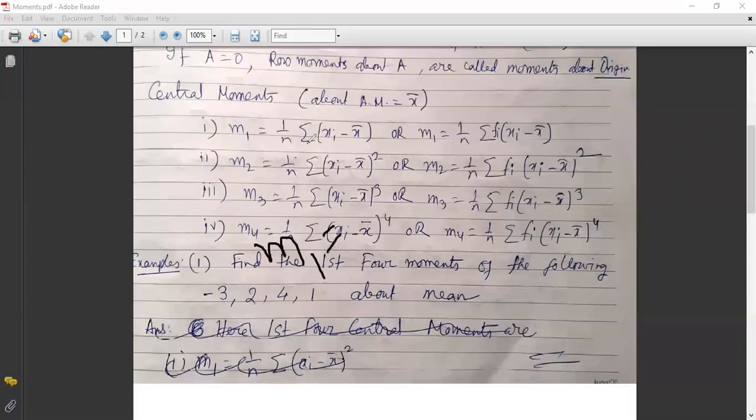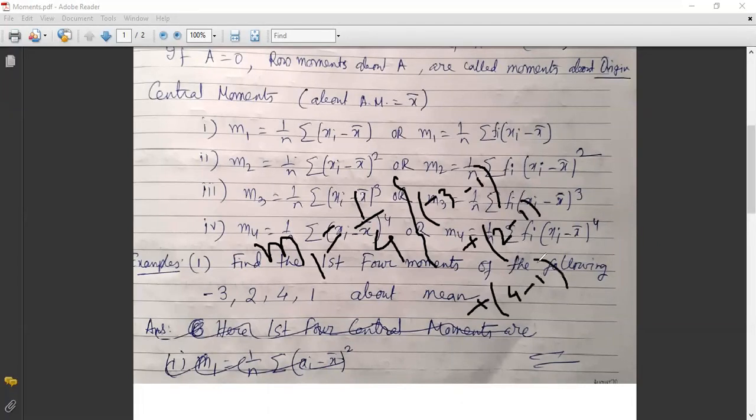M1 will be 1 by 4 times: minus 3 minus 1, the first value minus the mean, plus 2 minus 1 because the arithmetic mean is 1, plus 4 minus 1, plus 1 minus 1. And then dividing by 4, we can get the first moment.